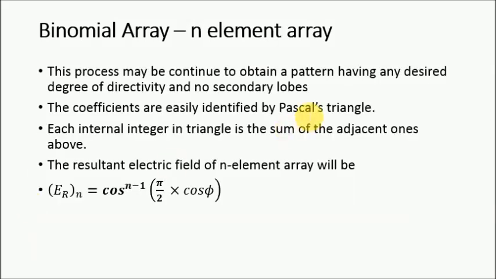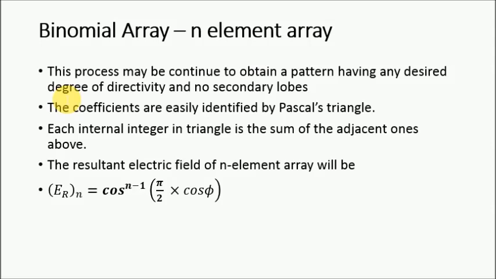Now in this way we can keep adding elements, and in the general case of an n element array, n can vary from 2, 3, 4, etc. This process is continuous, and the desired pattern and degree of directivity can be found.